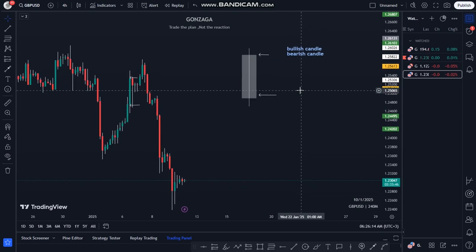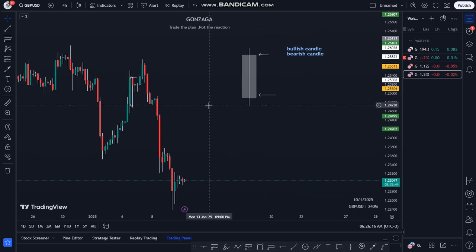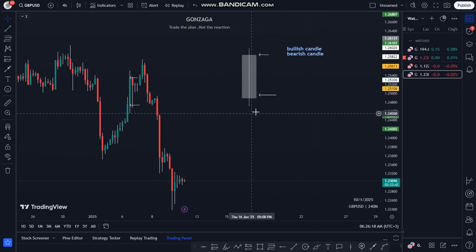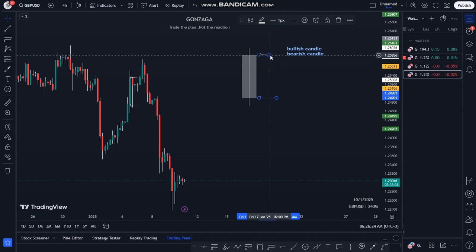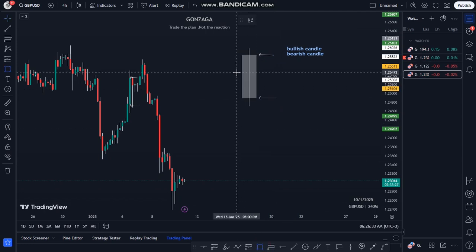So the bearish engulfing pattern, as you can hear the term engulfing, in a simple analogy is when something covers another thing.